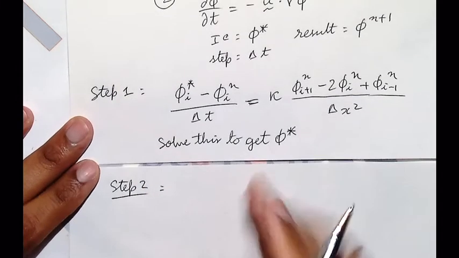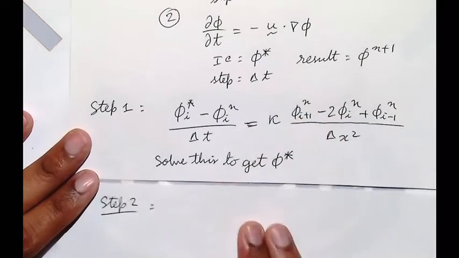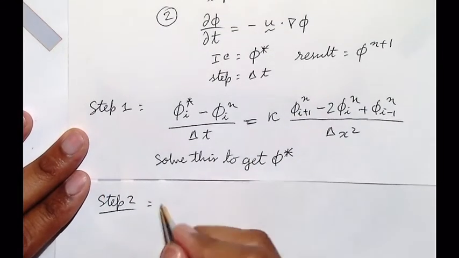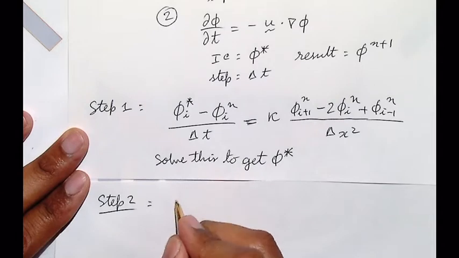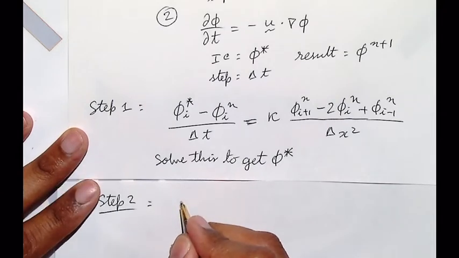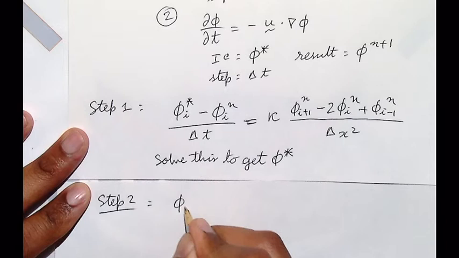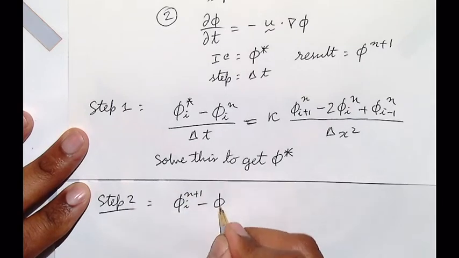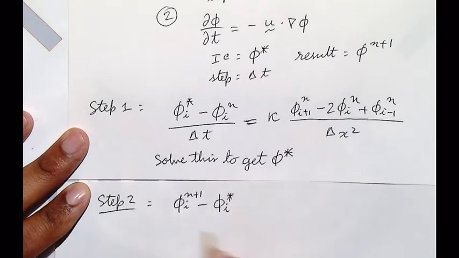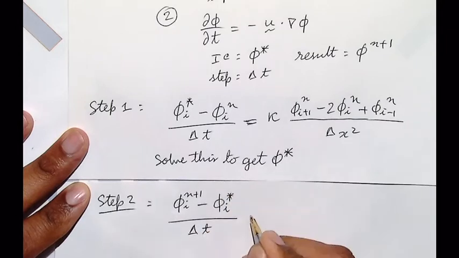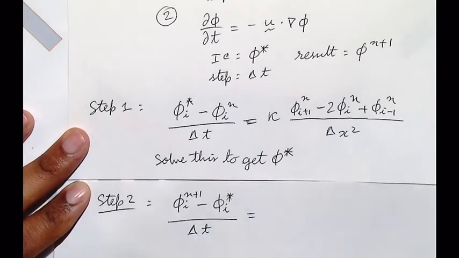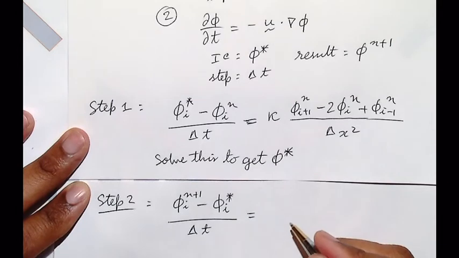Somebody help me out with writing step 2. φ_i^(n+1) minus φ_i star over Δt. And it'll be the same on the other side, but all the n's will be stars, right?